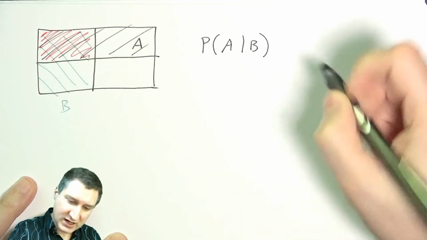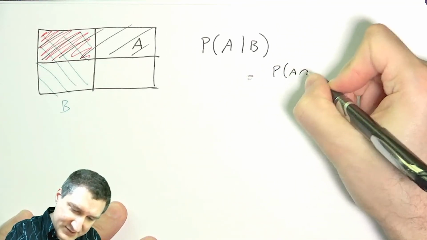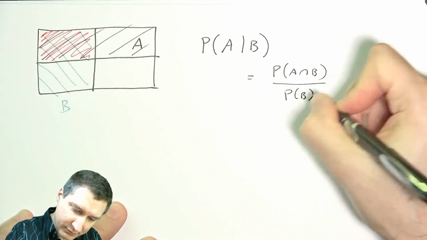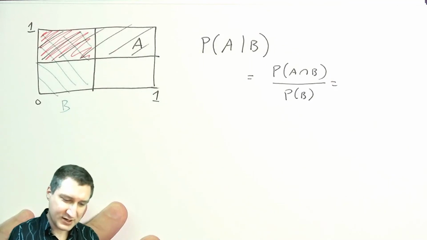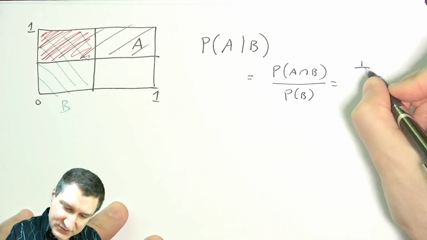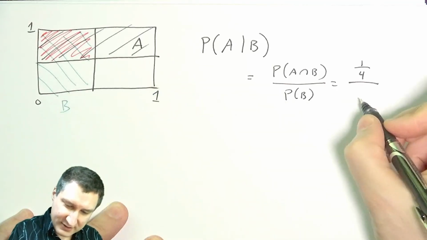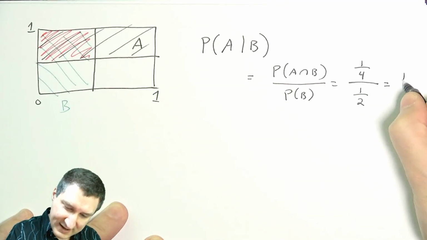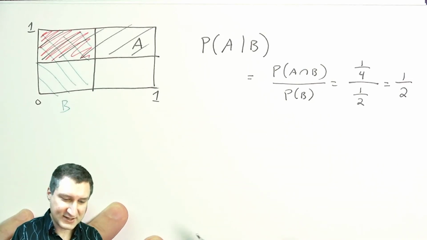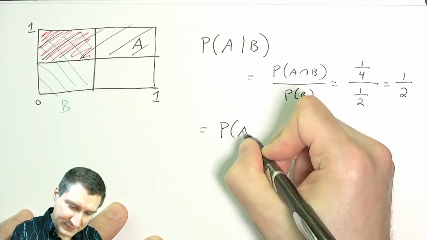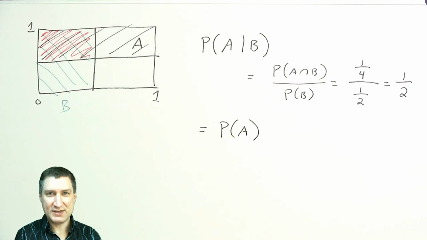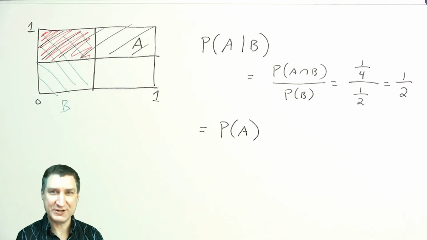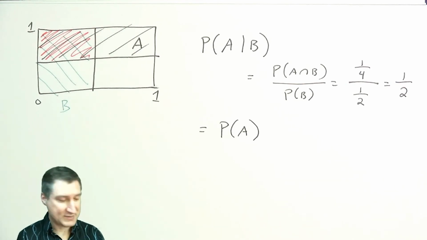So the probability of A given B is the probability of their intersection over the probability of B. Let's assume this is a unit square. The area of this red part is 1/4. The area of B by itself is a half. So 1/4 over a half is a half. In this case, this is the same as the probability of A, which is the area of the top part. So I saw B, but it doesn't change my underlying probability of A. B provides me with no new information about A. That can happen sometimes.